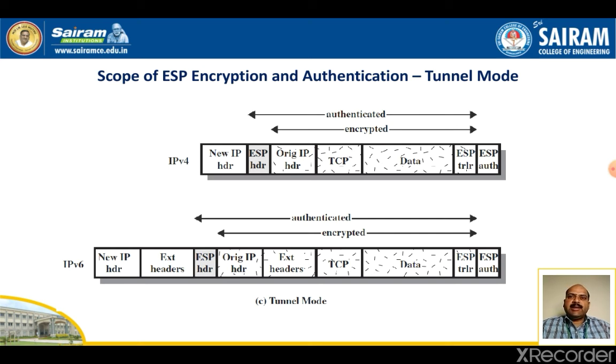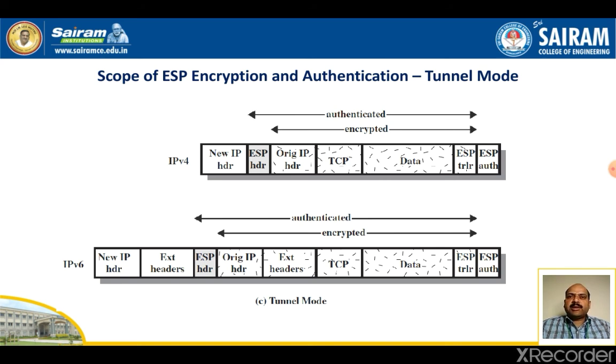Then the packet and ESP trailer are encrypted and authenticated. Data may be added. The resulting block is encapsulated with a new IP header, base header plus optional extensions such as routing and hop by hop options for IPv6, whose destination address is the firewall. This forms the outer IP packet.